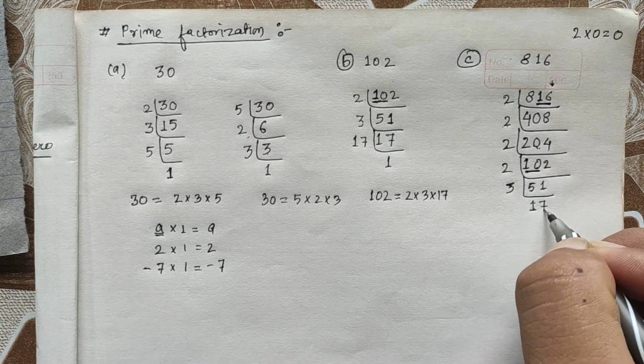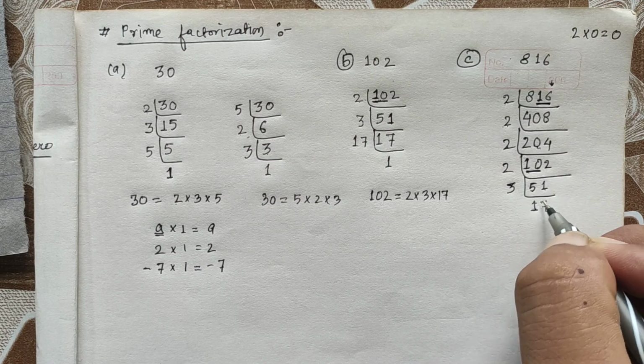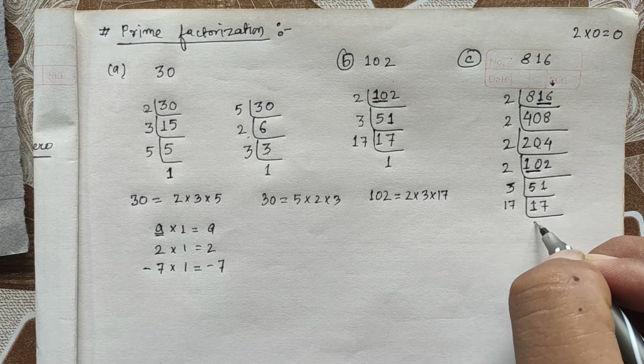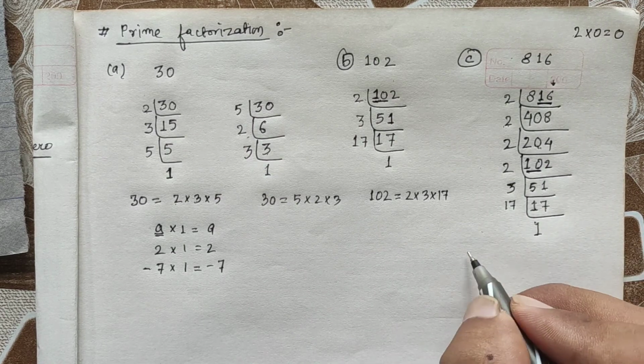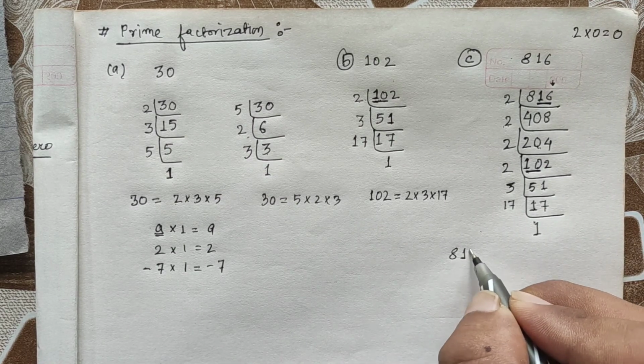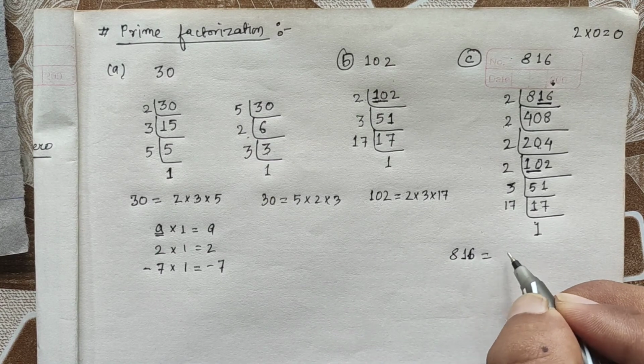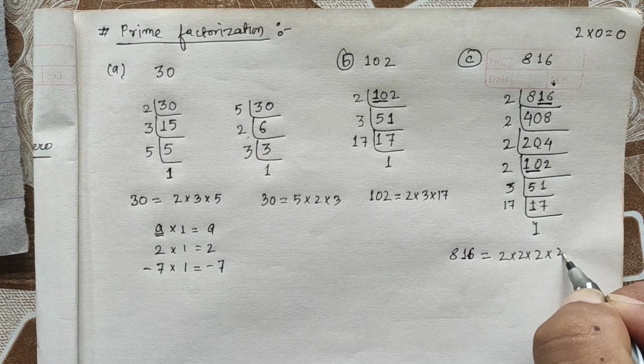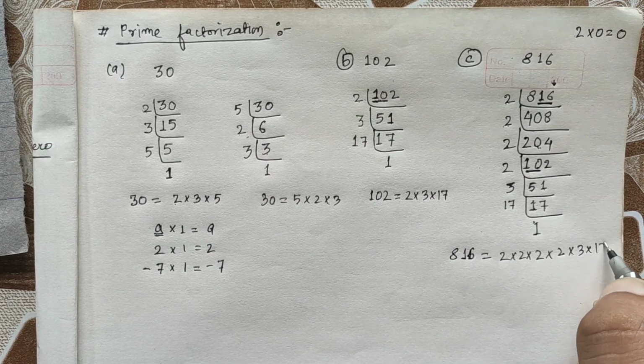So 3 times 7 is 21. Again this is a prime number, so it is divisible by itself, giving 1. Hence the prime factors of 816 are 2 times 2 times 2 times 2 times 3 times 17.